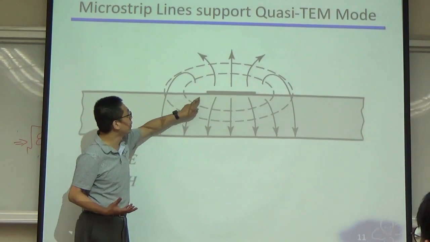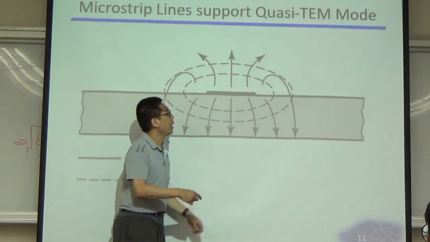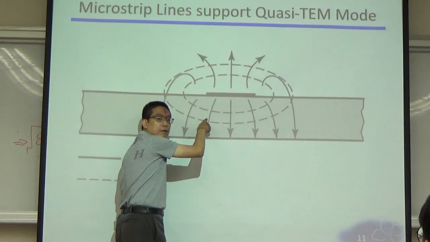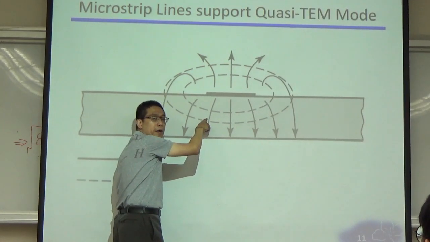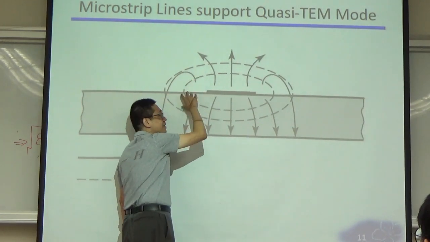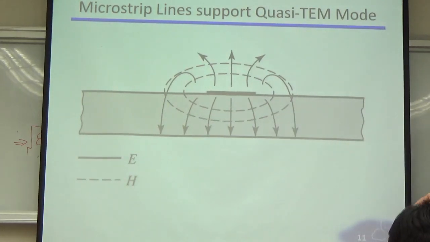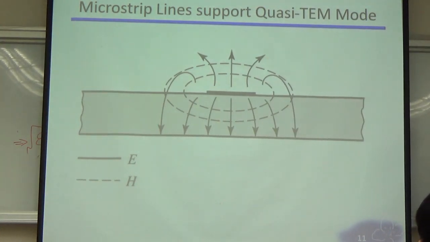This is the E field, the electric field, and the dashed line is the magnetic field. Not only the electric field but also the magnetic field is leaking outside the material. So that's why we need to use a numerical solution. Those are very ugly compared to TEM mode.